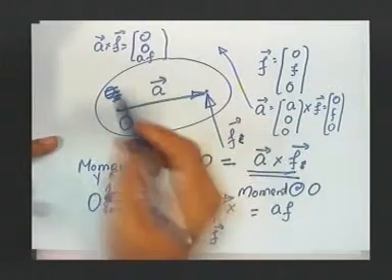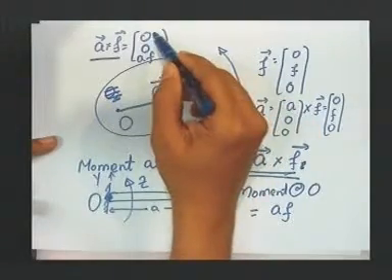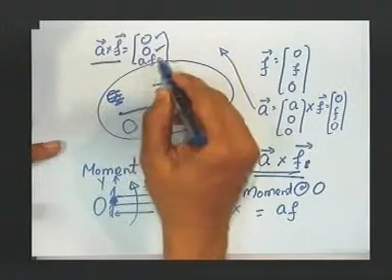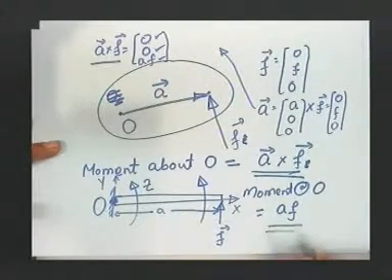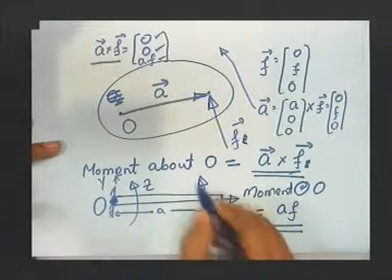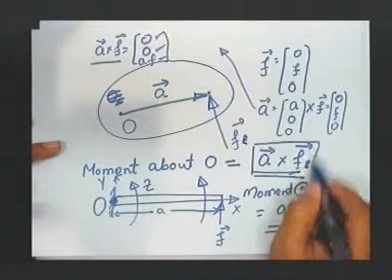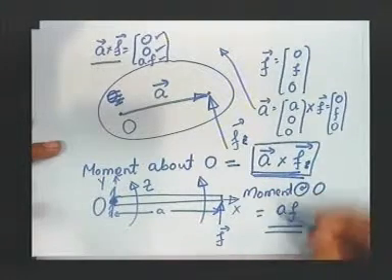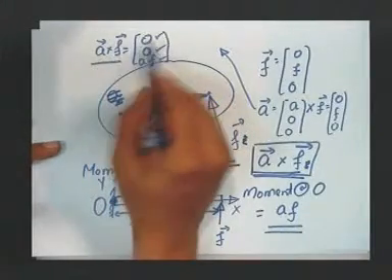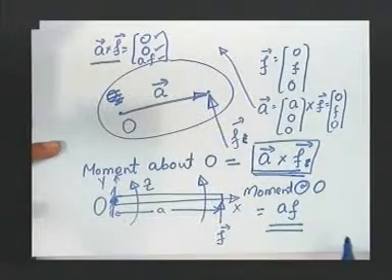So, a cross f tells that you have a 0 component about x, 0 about y, and a f about z. This is the positive z, and we know this from our high school knowledge. So, the cross product formula we have learned, we have tested for a simple exercise of a cantilever beam, and we saw that a cross f gives me 0 0 a f.